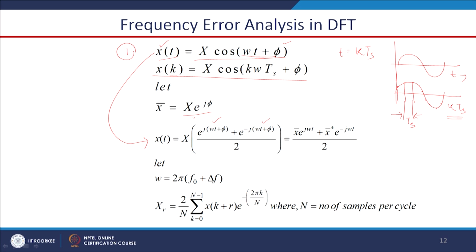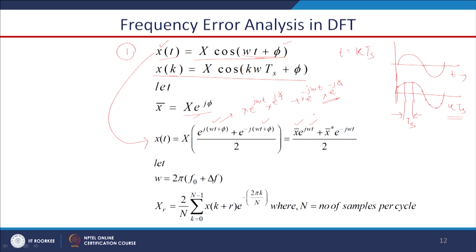Decomposing this, e to the power j omega t is multiplied by e to the power j phi, plus e to the power minus j omega t multiplied by e to the power minus j phi. Now, if we multiply by X all together, this expression can be written with the abbreviation x bar, multiplied by the rest of the term, e to the power j omega t.